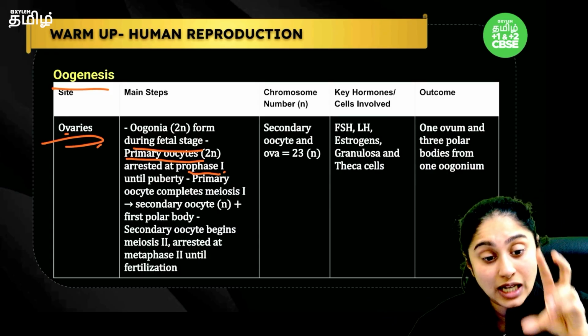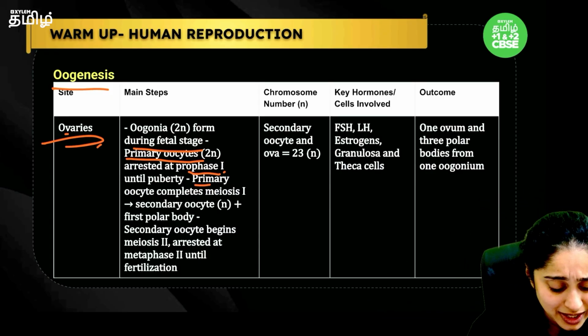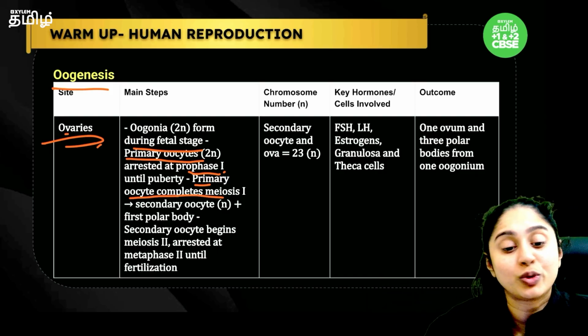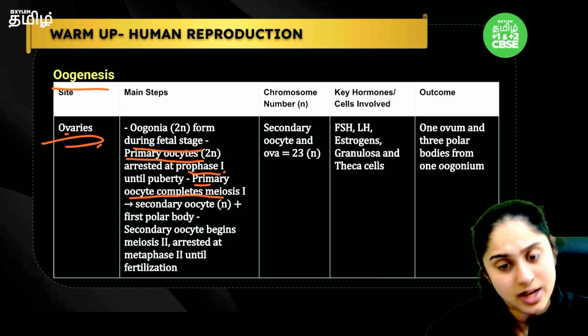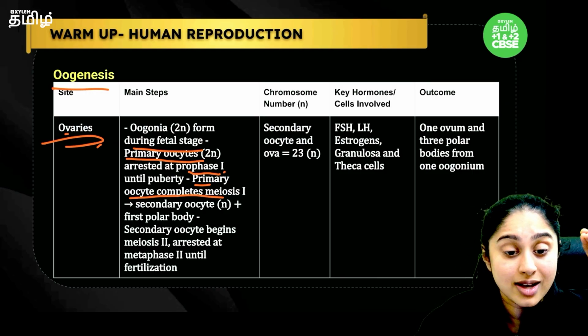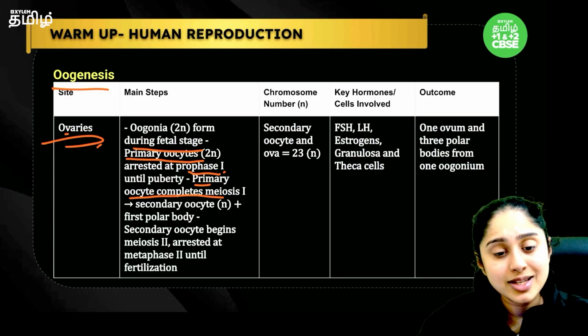Once puberty comes, the primary oocyte will first undergo meiosis 1 and produce what we call the secondary oocyte. Same, there also after meiosis 1 we called it the secondary spermatocyte. So here it is a secondary oocyte.